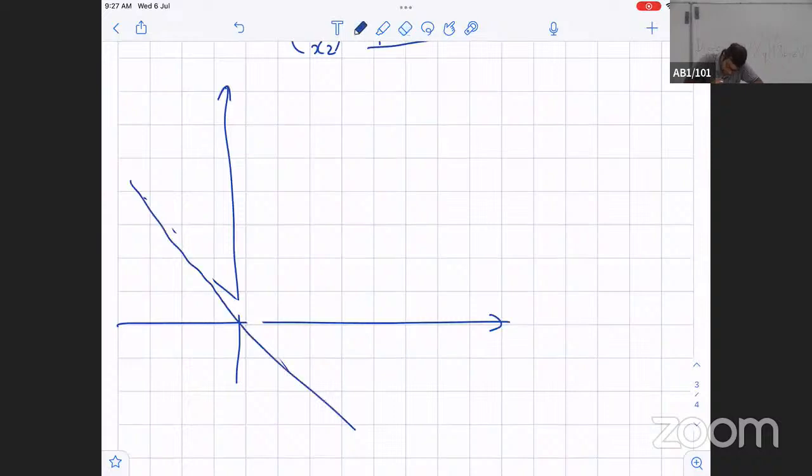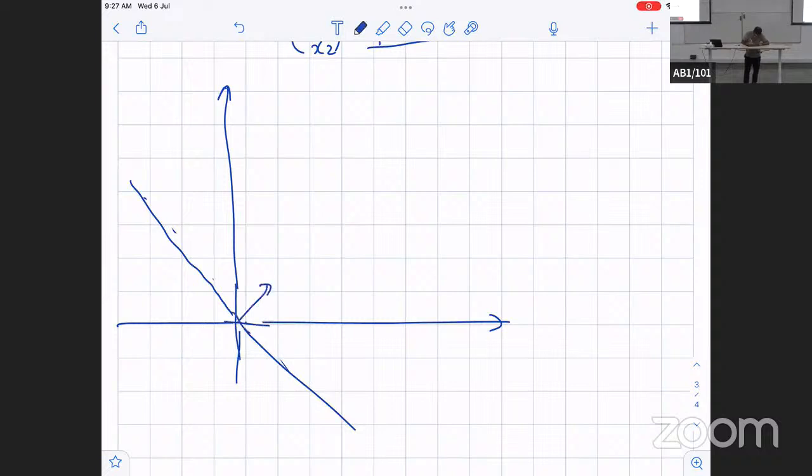Let's take a line passing through the origin like this. This is your W, and this has the property that W transpose x is equal to 0.